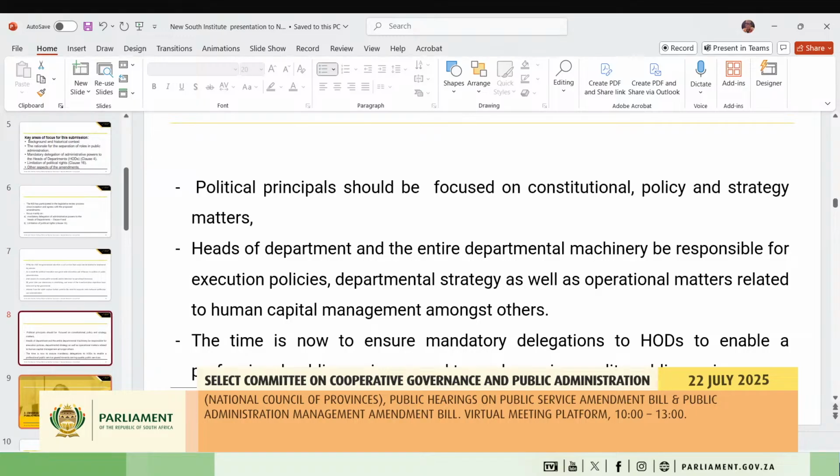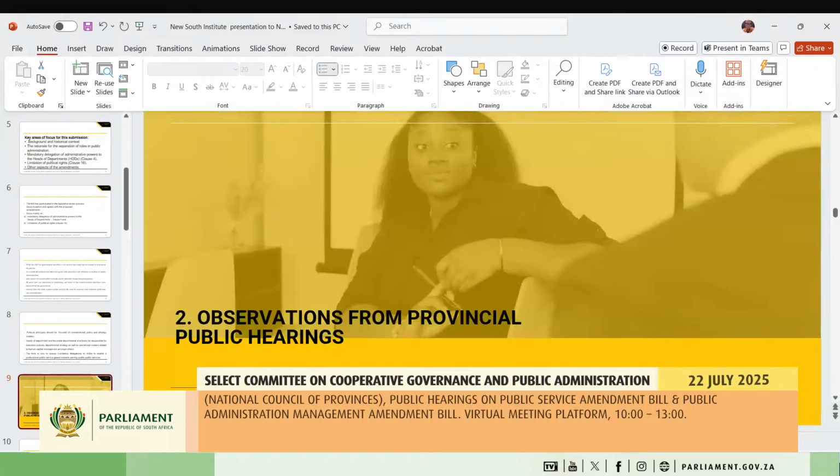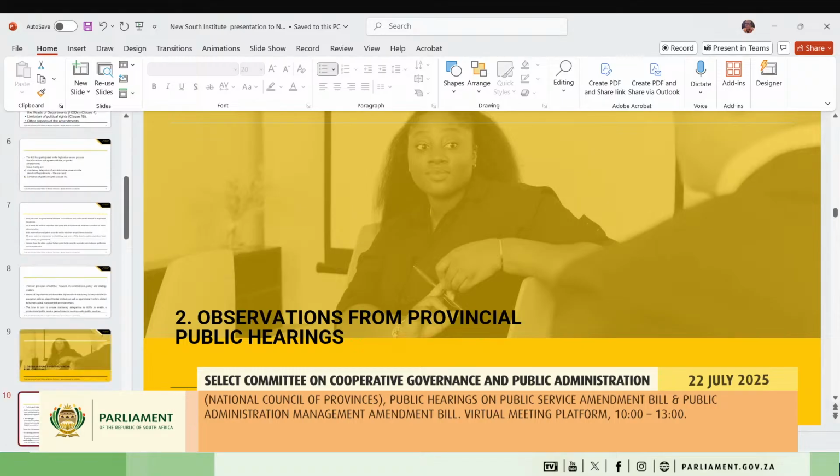Political principals should focus on constitutional, policy and strategic matters, and heads of departments and the entire departmental machinery should be responsible for execution of policies, execution of the departmental strategy, and all operational matters, including human capital management.